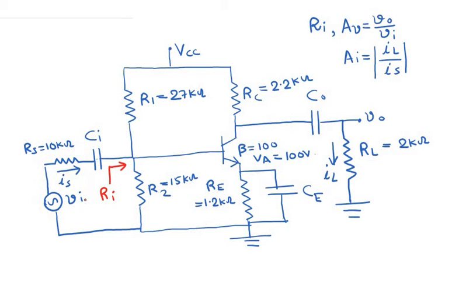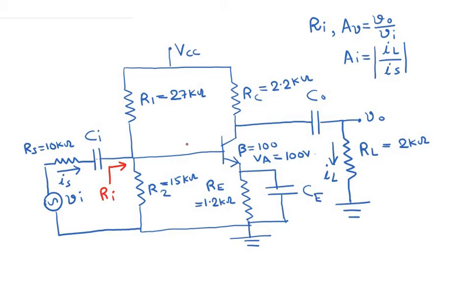So to find Ri, we need R pi. And to find R pi, we need the DC component of the base current, so we have to solve for the DC component of the base current first.